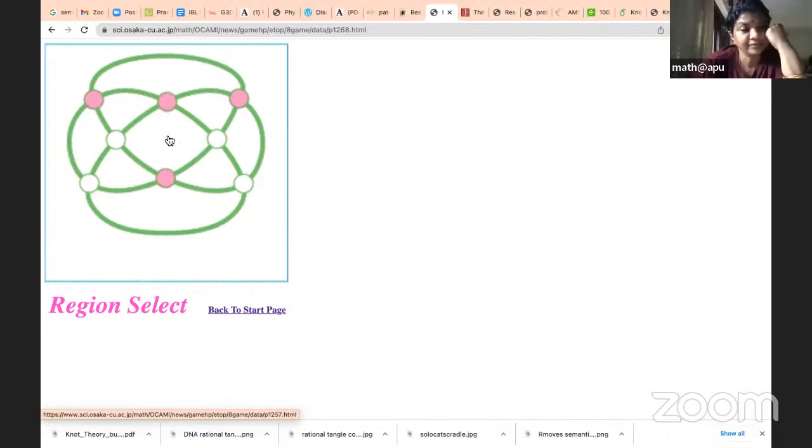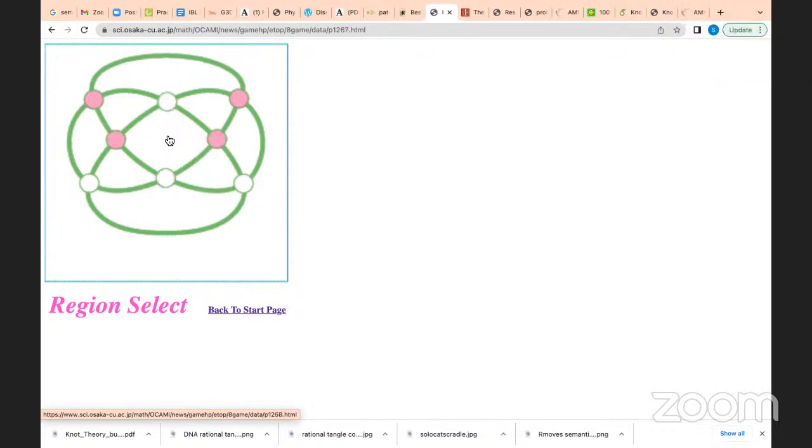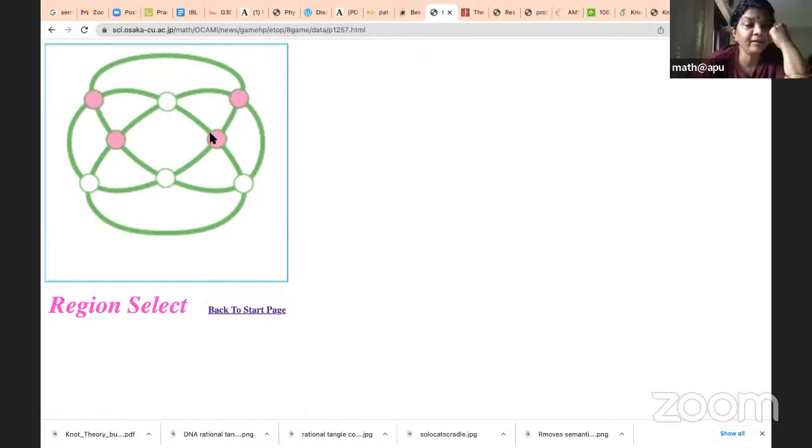Yes. Now I have 4 pink and 4 white vertices.